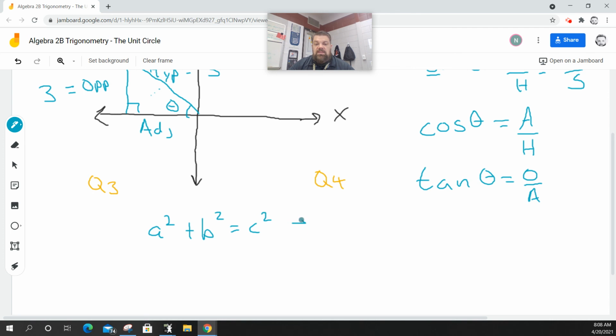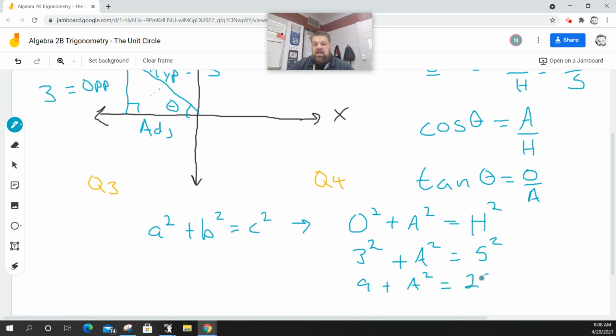But that really is the opposite squared plus the adjacent squared is equal to the hypotenuse squared. So if my opposite is 3, and I'm solving for the adjacent, and my hypotenuse is 5, then I get 9 plus a squared is equal to 25.